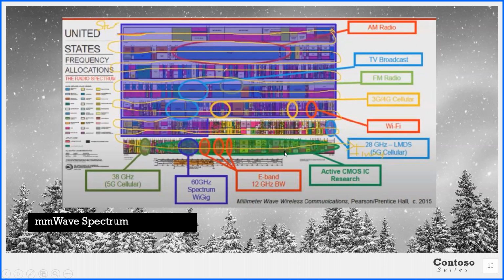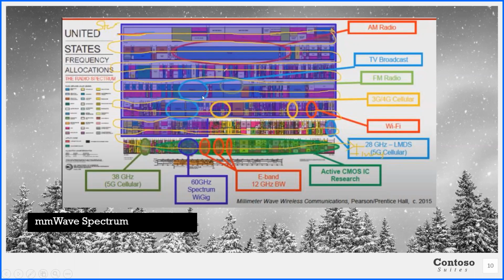From the image, the spectrum starts from the top left, down to the bottom right. This figure is based on the United States standards. In the US, you can see that, for example, the 5G network is located in the 38 gigahertz spectrum.